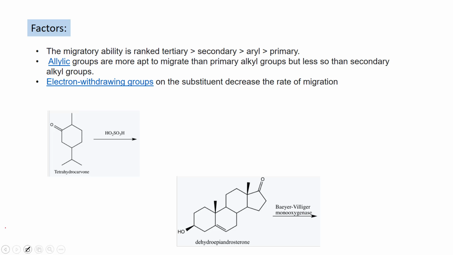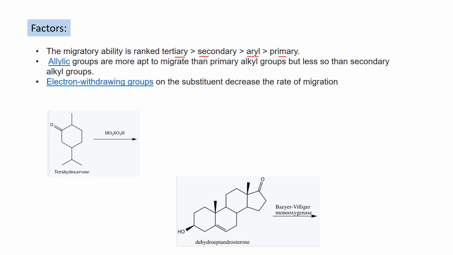Let's try to solve these two. In Baeyer-Villiger oxidation, we know there will be oxygen incorporation, but for the migration, if suppose both of these are carbons, which will migrate? The migratory ability is always tertiary greater than secondary greater than aryl then primary.